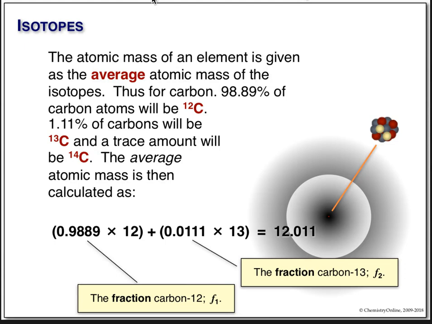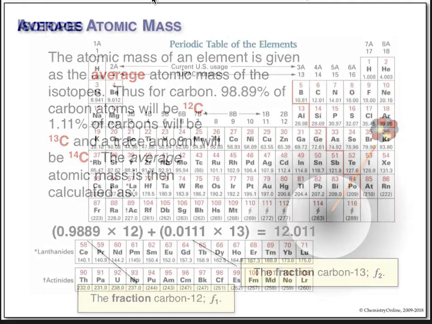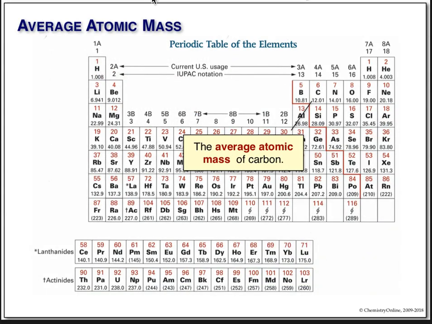Add that to the fraction that's 13, and you get 12.01. So a little more than 12. If you look at your periodic table, 12.01, that's the atomic weight of carbon. It's the average of all of the isotopes. If you look everywhere on the periodic table, nobody comes out even. They're all a mixture of isotopes.